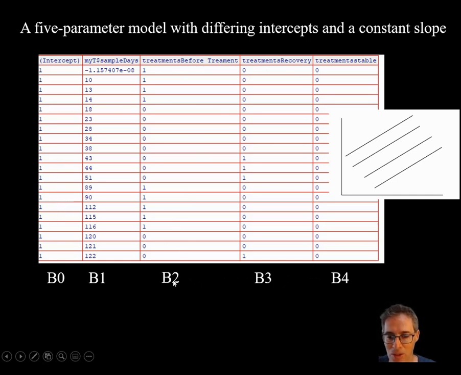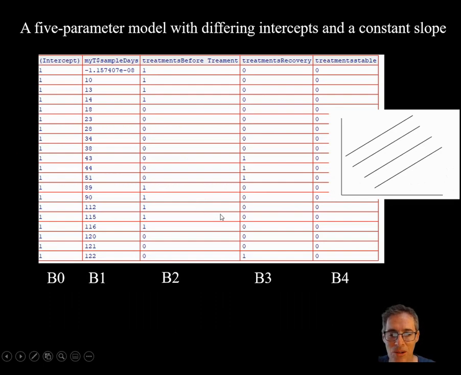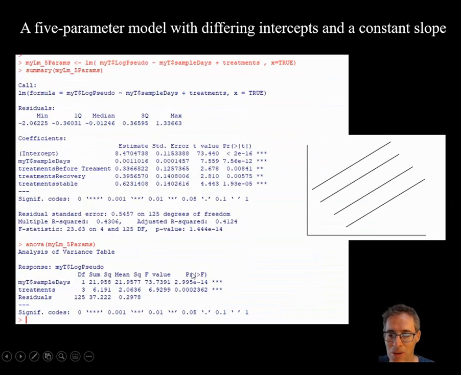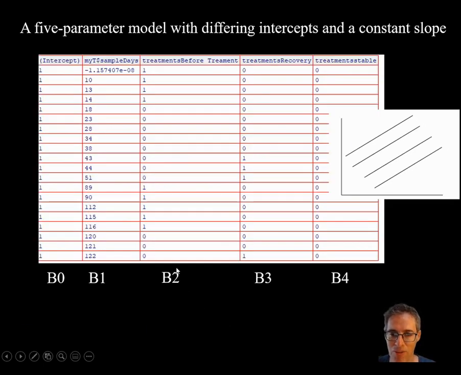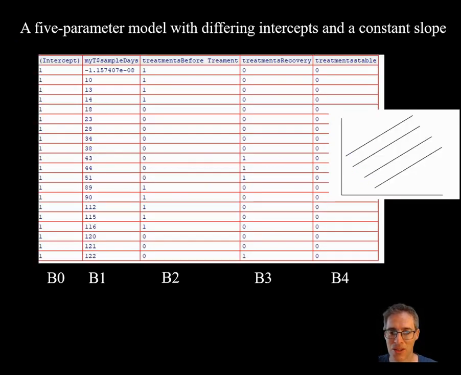And we perform inference on whether B2, B3, and B4 are equal to 0. That's what the summary table does here. Or we can zero them all out and ask whether treatment makes a difference, right? So if these are all zeroed out, then our simpler, reduced model is just the simple linear regression, and we do the analysis of variance to see if there's a difference in significance between those 2 models, and there is, with treatment being highly significant in that analysis.